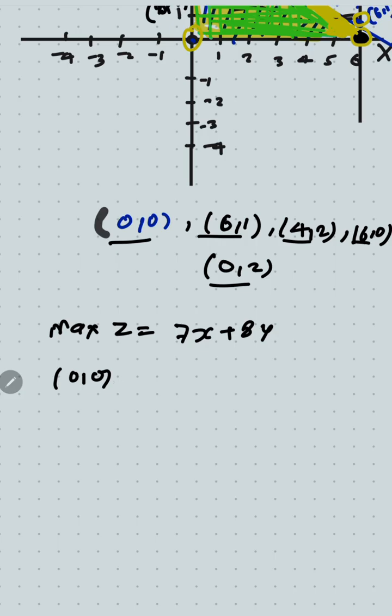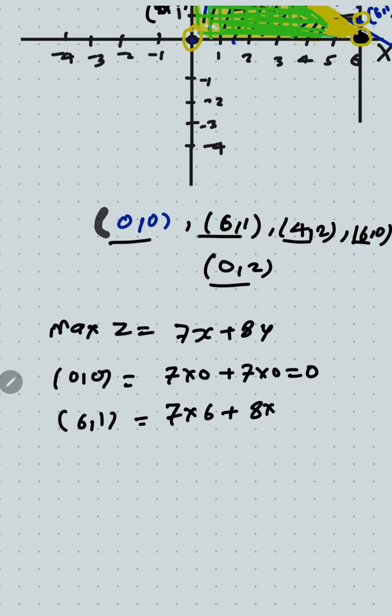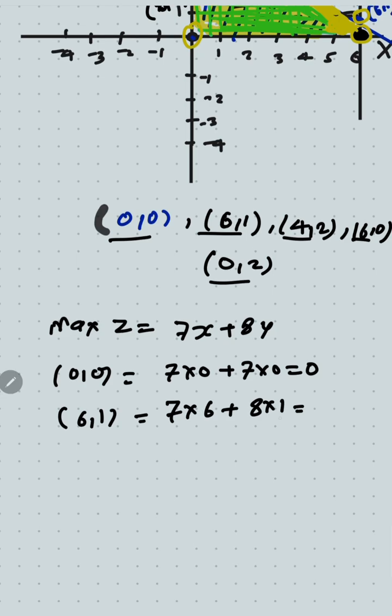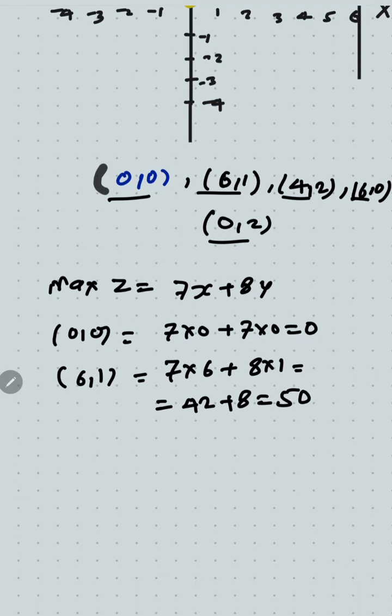Firstly, at 0 0, it is 7 into 0 plus 8 into 0, that will be 0. Next 6 1 will be 7 into 6 plus 8 into 1, and then the answer will be 42 plus 8 equals 50.